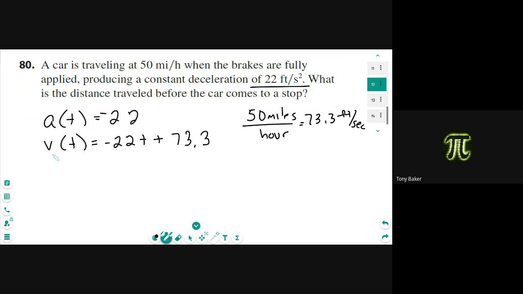All right. So we want our position, because my acceleration is not changing. It's a constant 22 feet per second squared. It's kind of like gravity.